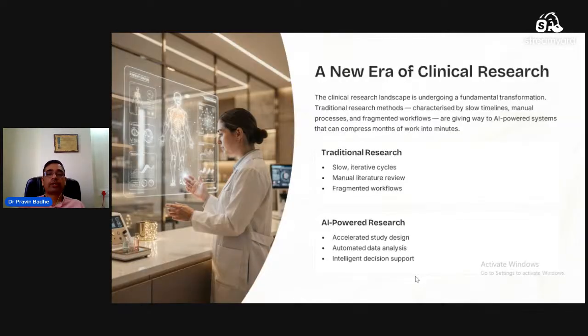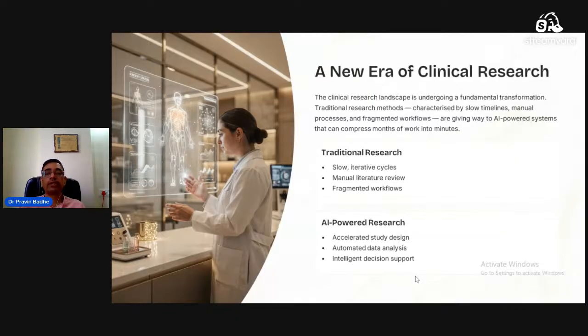When we look at the new era of clinical research, the traditional clinical research is slow. Not only the clinical, but even the drug discovery process from basic research till preclinical was slow. A lot of fragmented workflows were there, and a lot of manual literature review. So it was taking time, and due to that, a lot of investment, and also commercialization of the product was taking time.